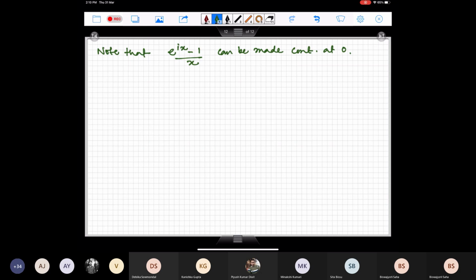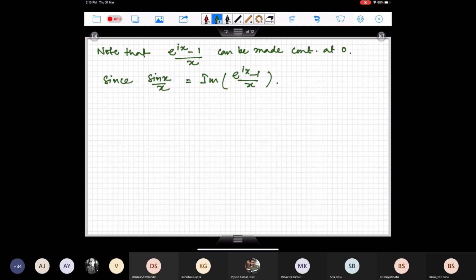Okay. So in the same spirit, you will be able to take the integral from minus infinity to plus infinity of (e^{ix} minus 1) by x dx. This will make sense, and then since sin x by x, which was my integrand, is still the imaginary part of this as well, right?